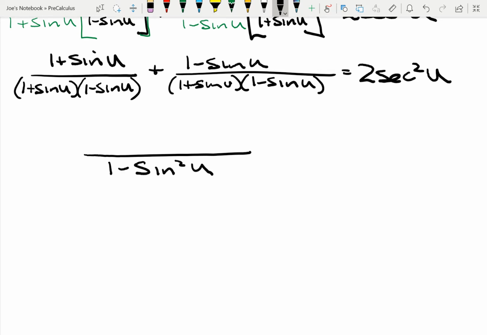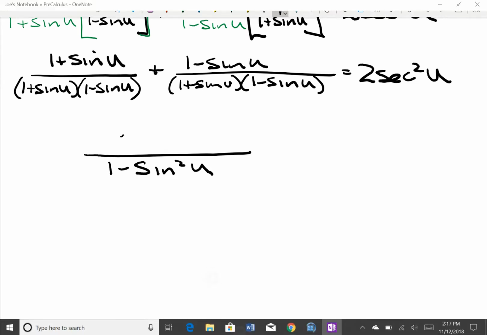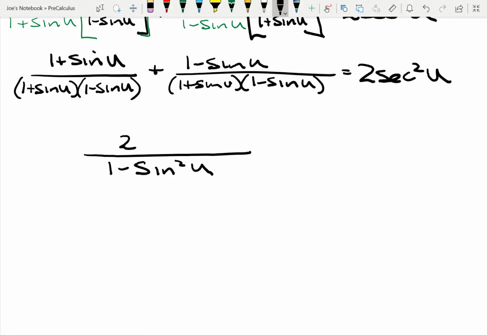And you could even make a replacement now if you wanted to, but it's fine. Now, in the numerator, I've got a 1 plus a 1, so 2. Then I've got a sine of u minus a sine of u. Well, that's 0. So that's just gone. So now it's starting to look better. See what we can do.